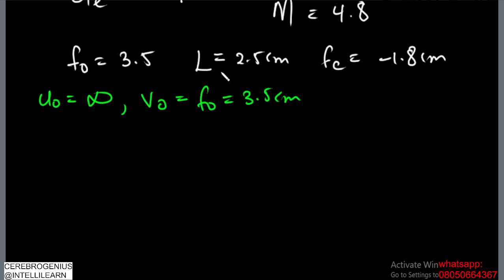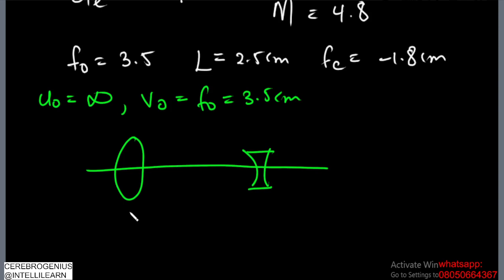Now what's the length, that's the distance between them. The distance between them is 2.5. So what's going to be the distance of our image from the objective? Look at this. Let me try to show you what is going on.